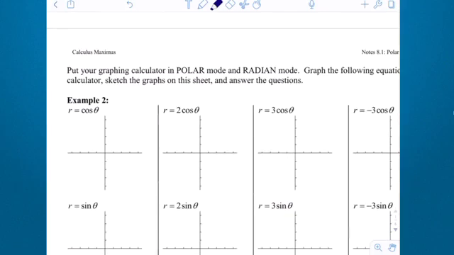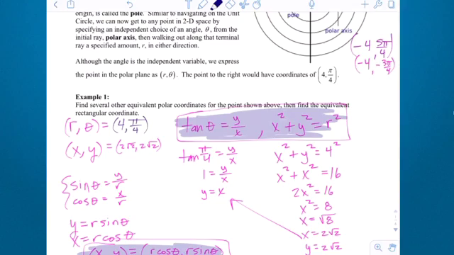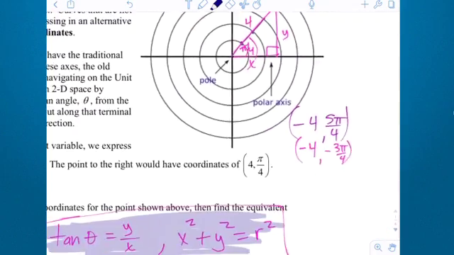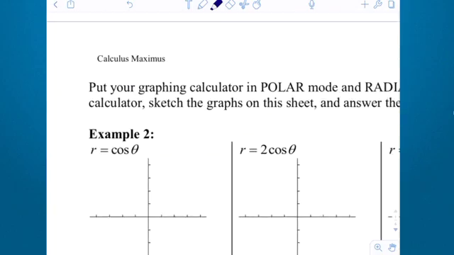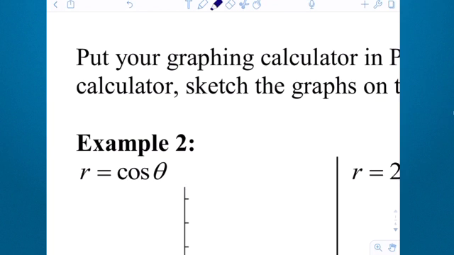All right? So let's go ahead now and switch from just coordinates. Let's switch to graphs, because once we have rectangular equations, x comma y, we can start looking at graphs of y in terms of x. Here we have polar coordinates, so we're going to be looking now at functions in terms of theta.